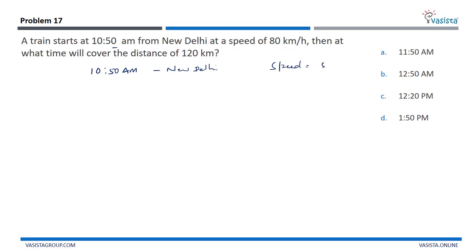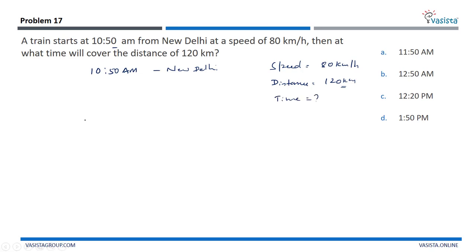They have given the speed as 80 km per hour. Then at what time will it cover a distance of 120 km? They have given the distance also: distance is equal to 120 km.